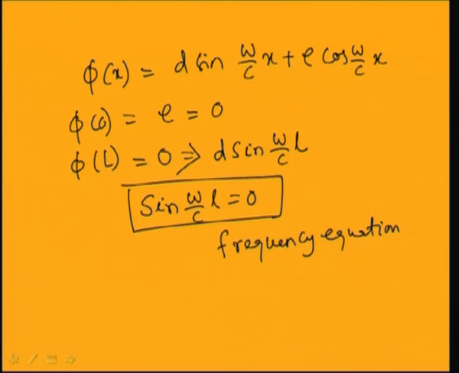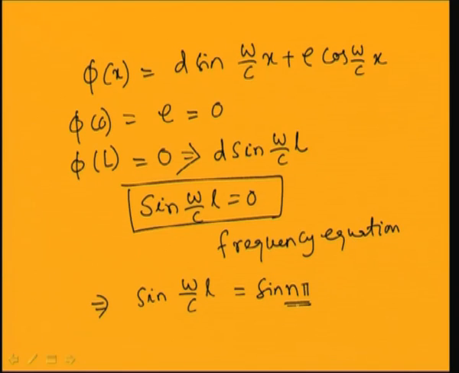As sin omega by c L equal to 0, this implies that omega by c into L should be equal to n pi, so that sin n pi equals 0, with n equal to 1, 2, 3, 4. You can start n equal to 0 also. n equal to 0 refers to the rigid body motion of the system.